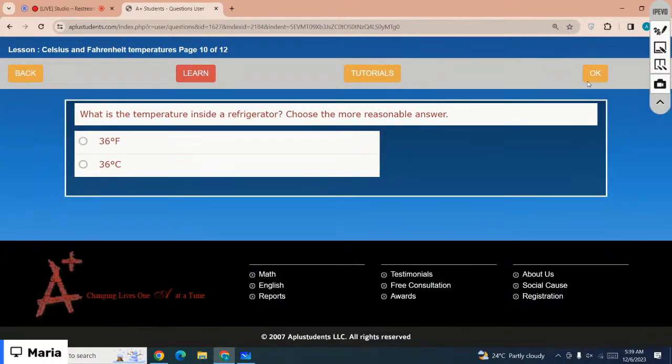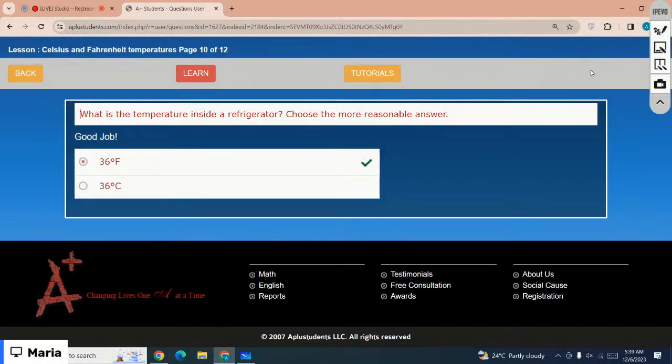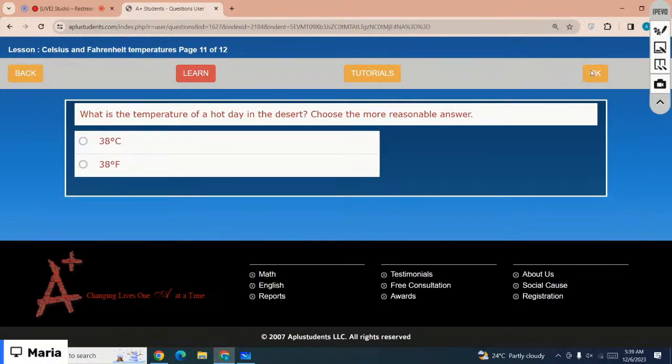What is the temperature inside a refrigerator? Which is the correct option? That is 36 degrees Fahrenheit. What is the temperature of a hot day in the desert? That is 38 degrees Celsius, right?